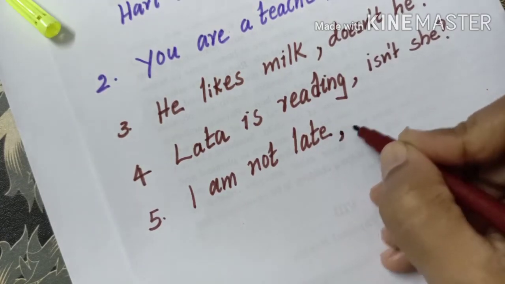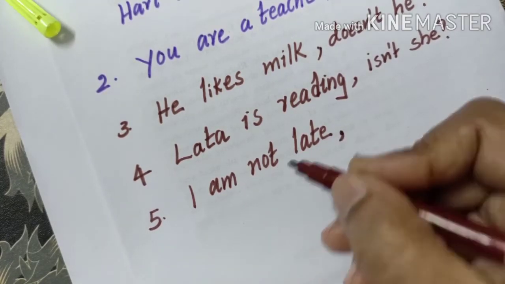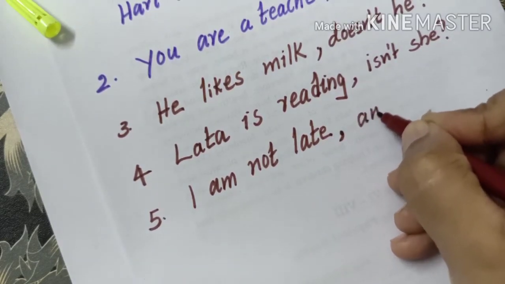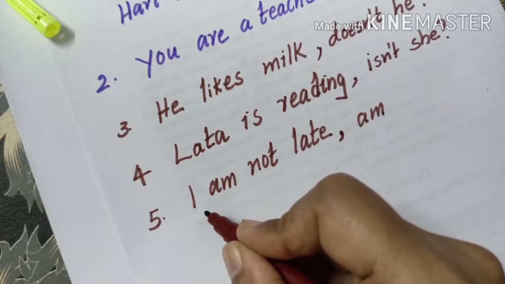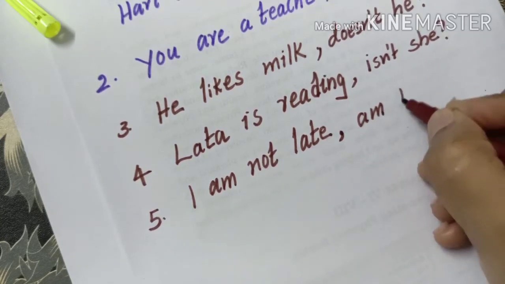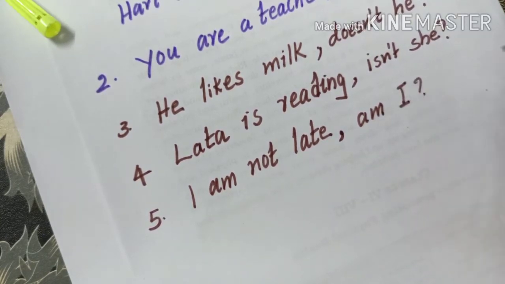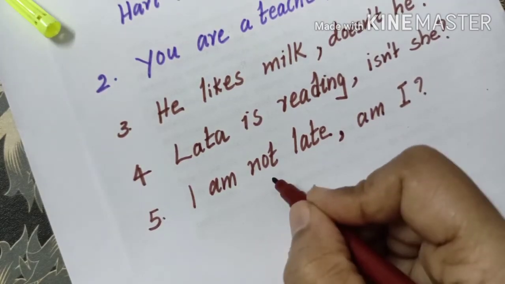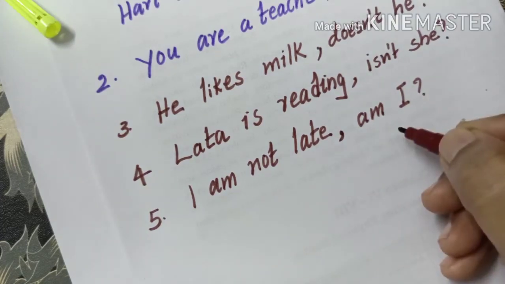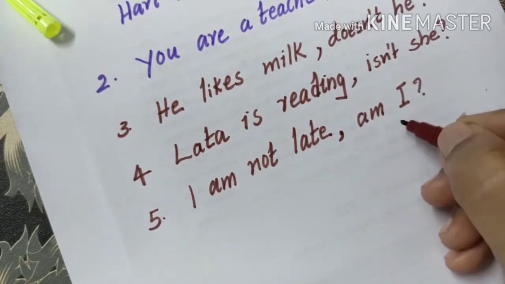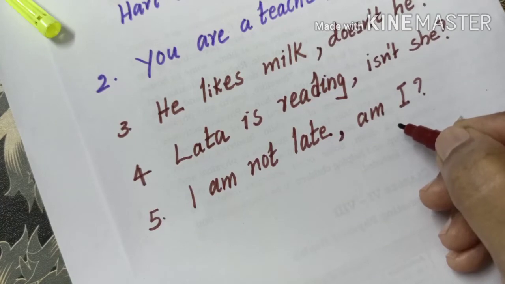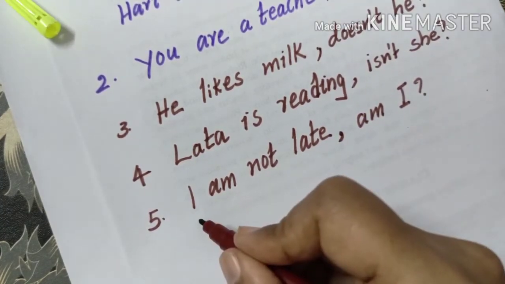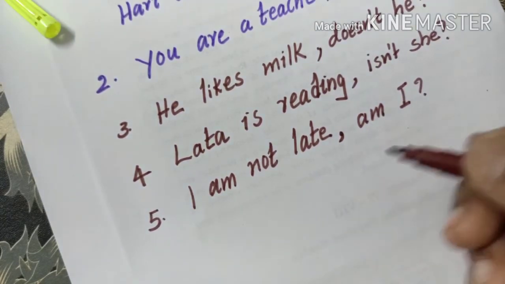So put a comma. Negative is given, so take the positive tag, am, only am. Then add the pronoun I. Am I. That's all. Since it is a negative sentence, we take the question tag as positive. Here the pronoun is I, so we have to use the same pronoun.